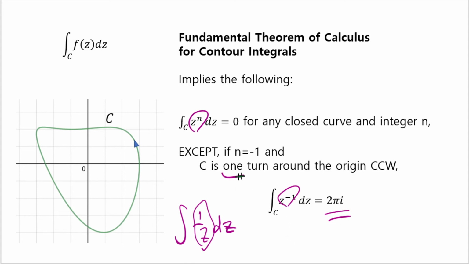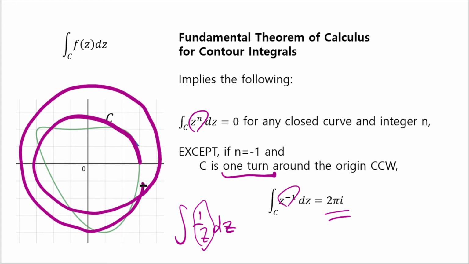Now, notice that I said one turn. Sometimes you might have a curve that goes around once, and then twice, and then you come back. In this case, because if you follow the logarithmic curve, it starts from angle 0 until 2 pi and then 4 pi. If it rotates twice around the origin counterclockwise, then you're going to get 4 pi i in that case.